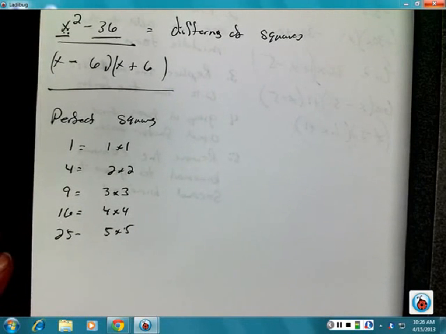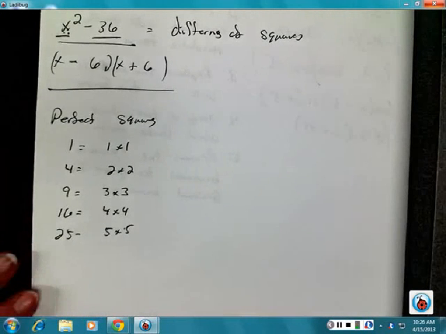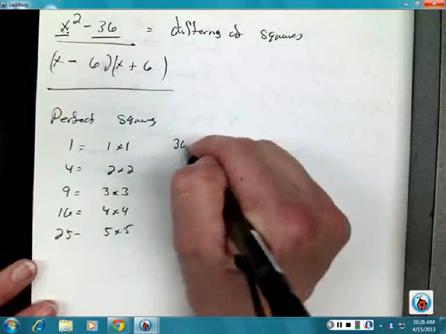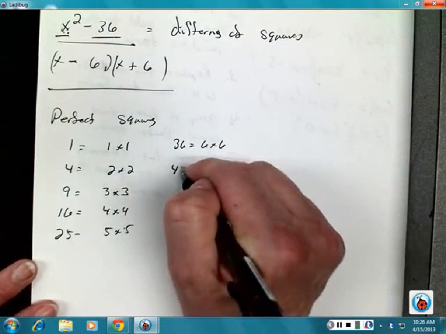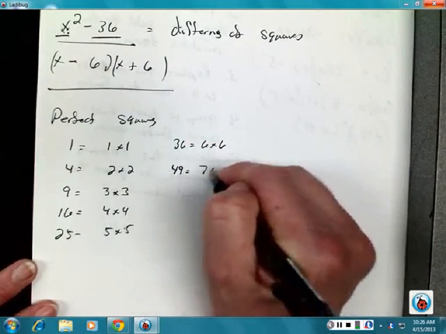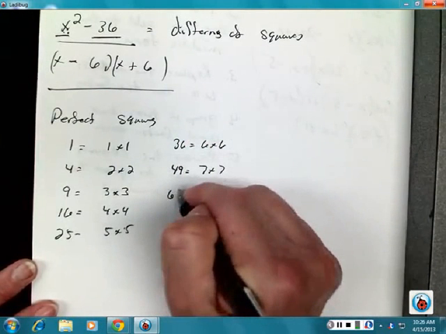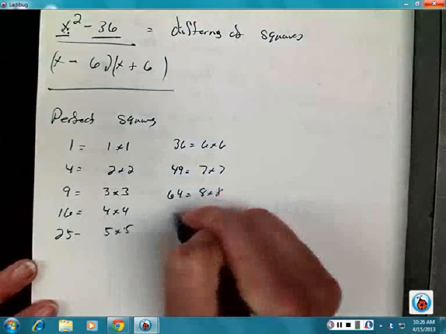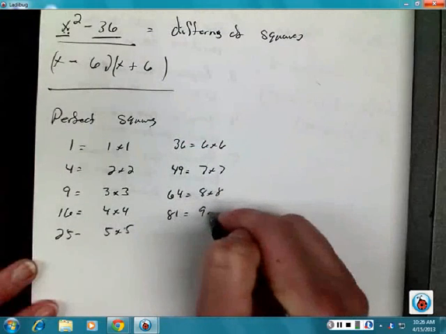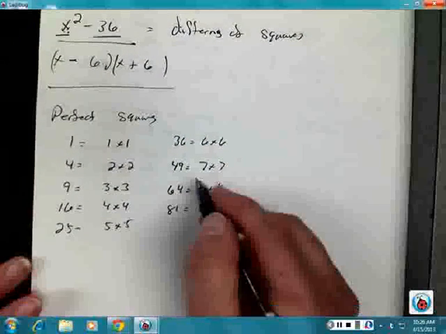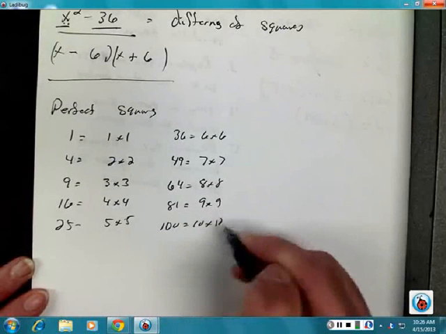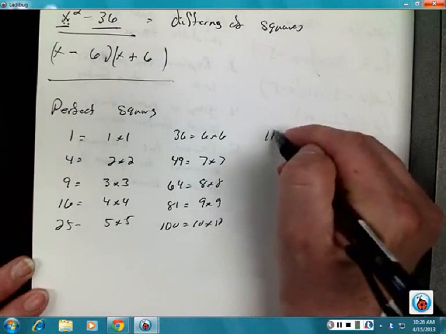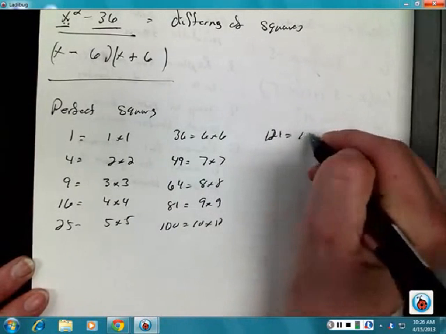Because I want to have two identical things that multiply together to give me that last value at the end. And 36, which is 6 times 6. 49, which is 7 times 7. 64, which is 8 times 8. 81 is 9 times 9. 100 is 10 times 10. 121 is 11 times 11.